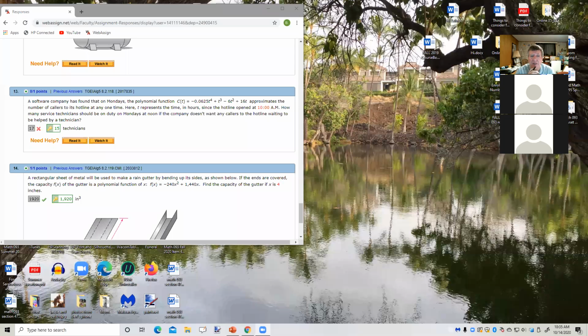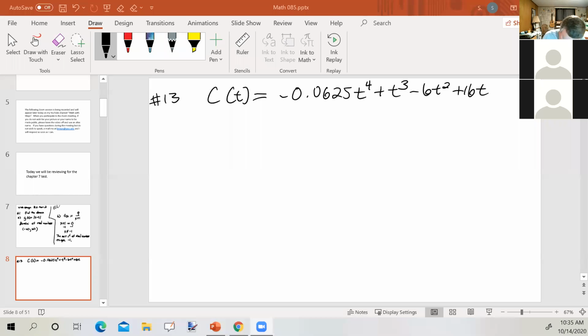So basically the t value that we want to put in there is 2, standing for 2 hours. So going back here, what I need to do is find C of 2. In other words, to evaluate this function at time equals 2 hours, we want to put a 2 in for t.